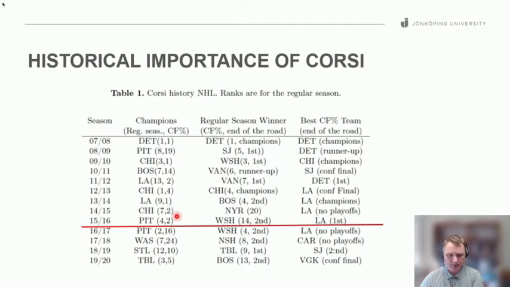And if we look here, we see the same thing, but from another perspective. Here we look at the end of season finish for the best Corsi percentage team. And here we can see that again, Detroit were the champions. In the next year, Detroit were the runners-up. Chicago were the champions, etc.